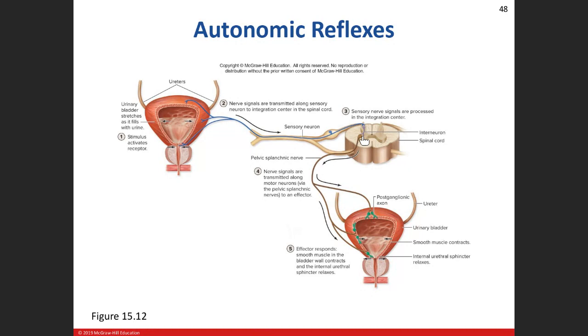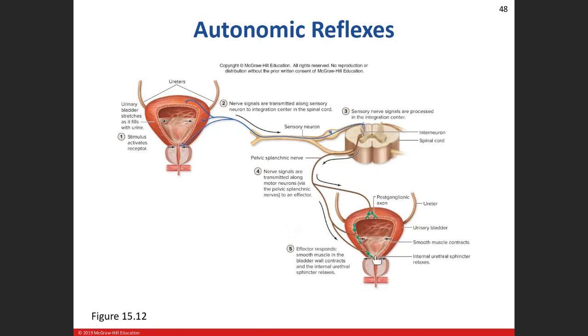examine the information, integrate it, process it, and determine what the outcome is going to be. And it does so by stimulating the motor neuron, which is going to travel down to the bladder and innervate the smooth muscle in the walls of the bladder to start to contract.